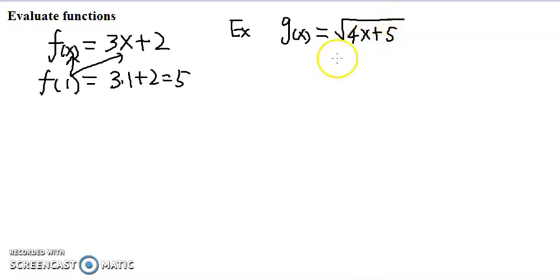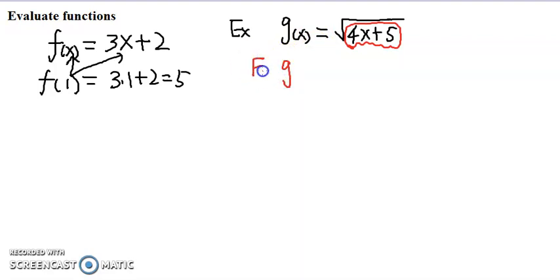If you remember, for this square root function, whatever number you pick for x, you have to make sure that after you plug in that number, 4x plus 5 is non-negative. So it cannot be negative. If it's negative, it's undefined. Again, we only talk about real numbers. And so let's see if we plug in numbers.